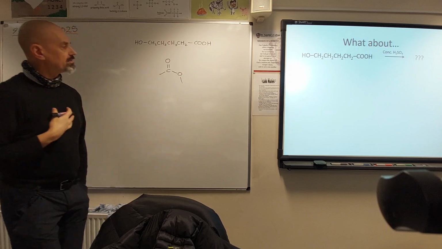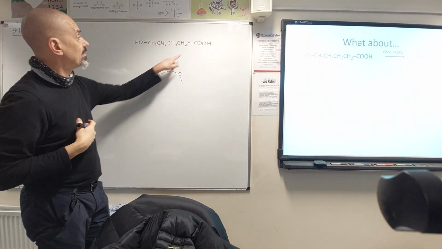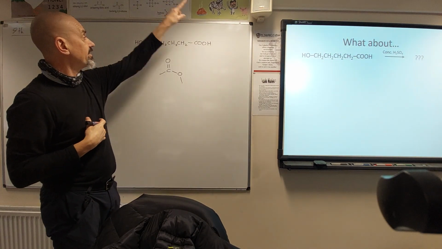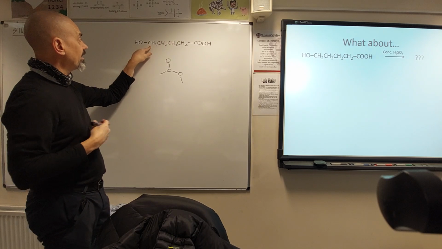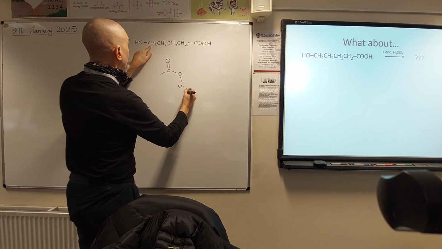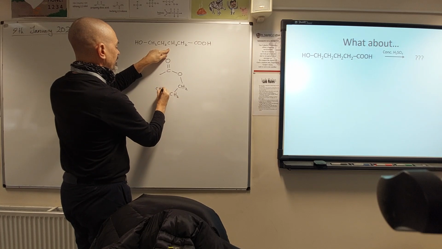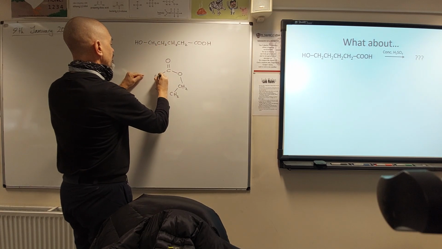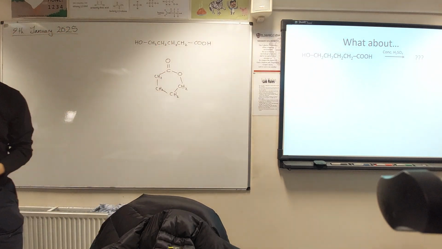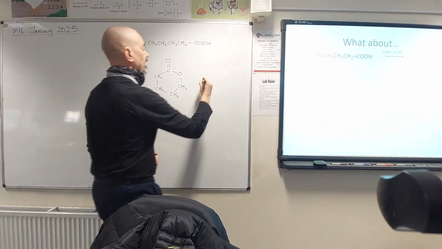So there's my ester group. So that's the carboxylic acid end, and then that's going to attach to the alcohol end, and then we've got CH2, CH2, CH2, CH2, and then we're back to the acid.